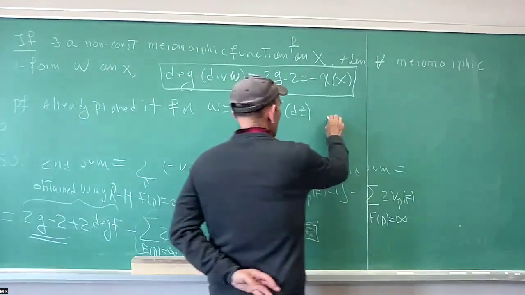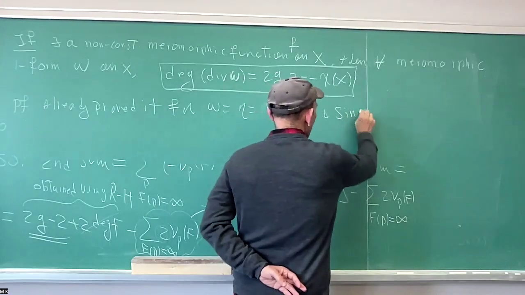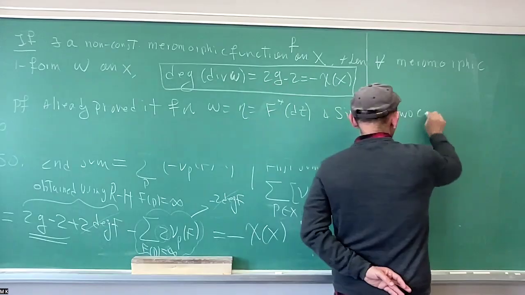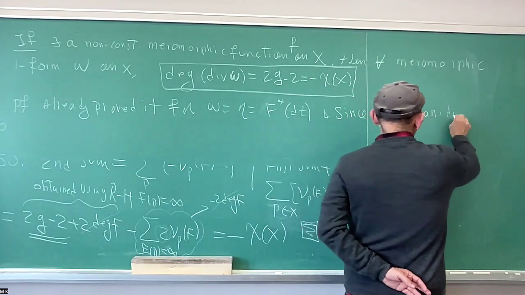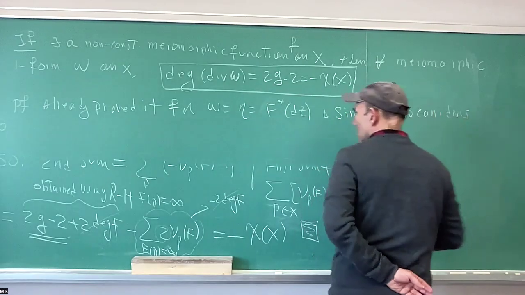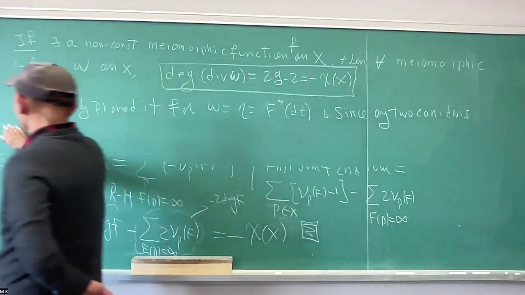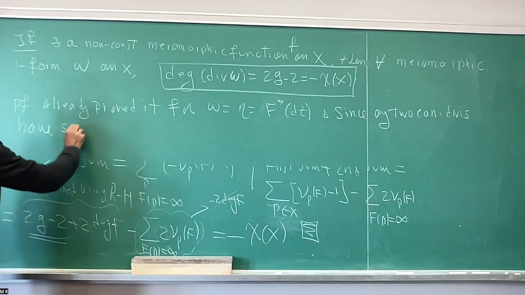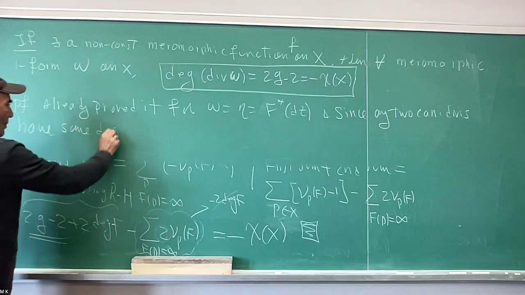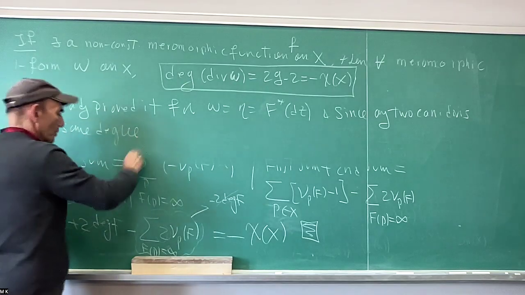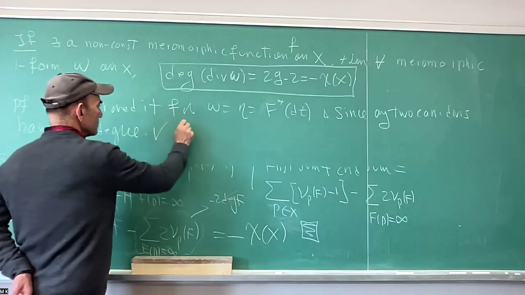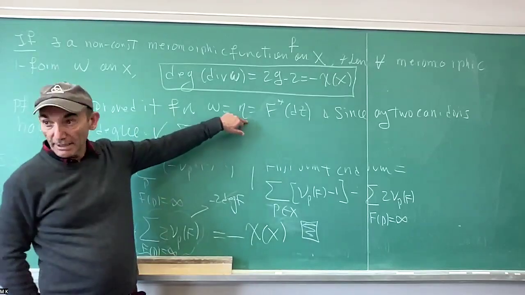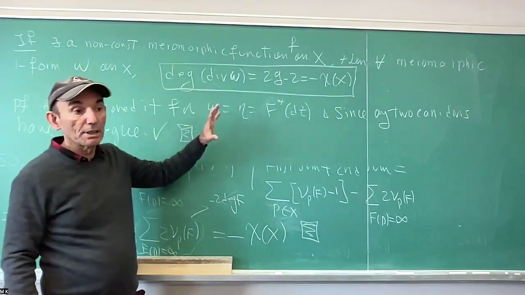Since any 2 canonical divisors have the same degree, we're done, because we proved it for one canonical divisor, eta, which is a very preferred object.